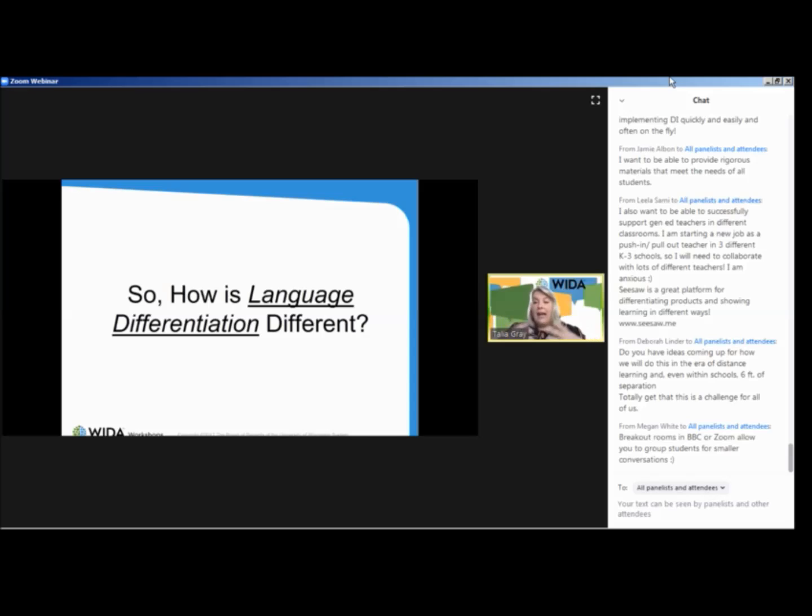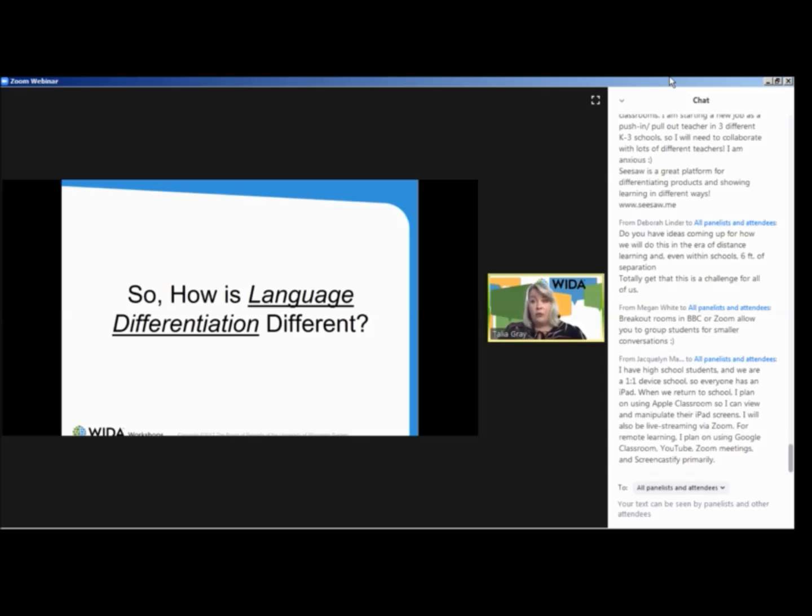And I would have a reading conference with a child, and then their homeroom teacher would come into that room and talk through it with us. Now, let me say, this took a long time. It also took a lot of trial and error. This time that we're in right now, I always say necessity breeds invention. So it's very frustrating, but it's also a chance for us to learn and grow.